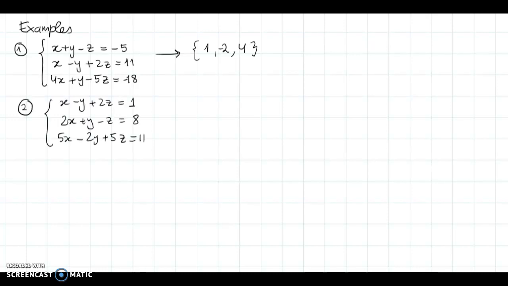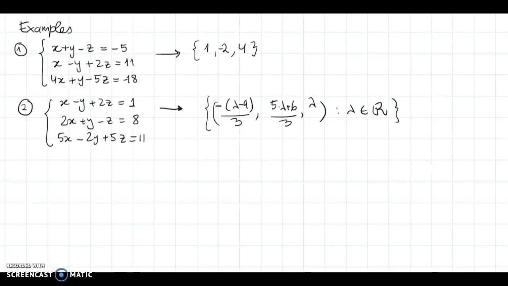For the second example, you should pause the video and solve it in the calculator, and your solution should be equivalent to the following. I have a parameter lambda for the z coordinate, and then in terms of that parameter lambda, the first coordinate would be minus lambda minus 9 over 3, and the second 5 times lambda plus 6 over 3, and lambda is a real number.